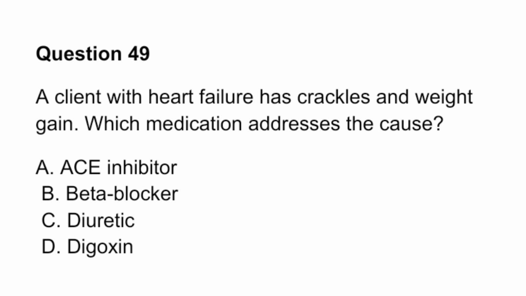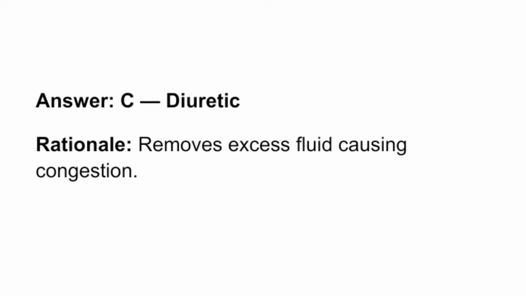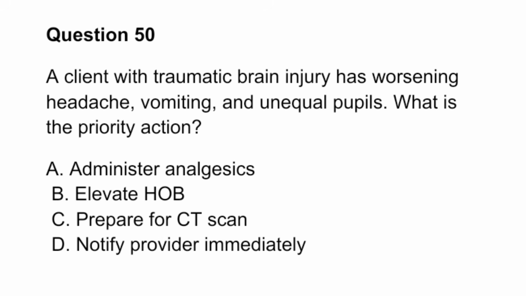Question 49. A client with heart failure has crackles and weight gain. Which medication addresses the cause? A. ACE inhibitor. B. Beta blocker. C. Diuretic. D. Digoxin. Answer C. Diuretic. Removes excess fluid causing congestion. Question 50. A client with traumatic brain injury has worsening headache, vomiting, and unequal pupils.